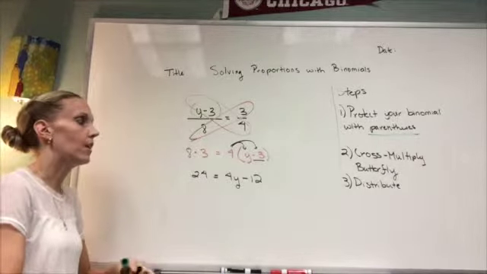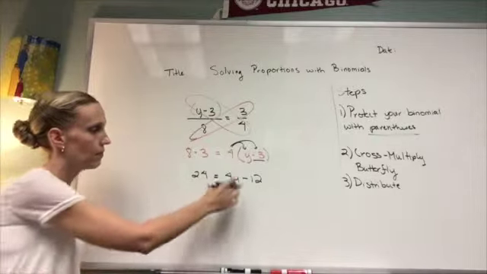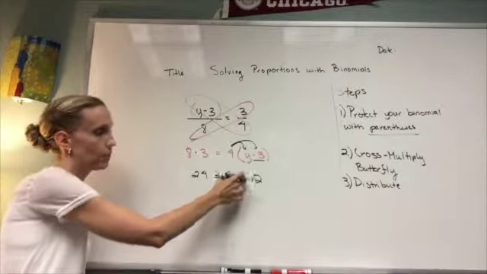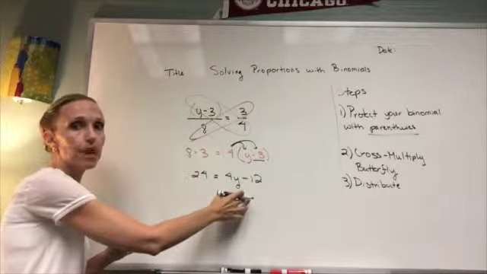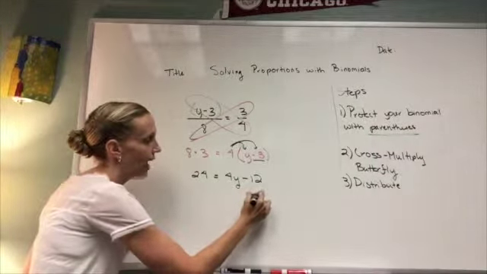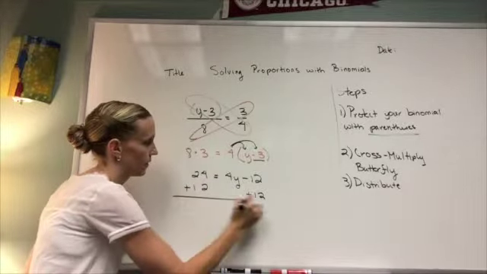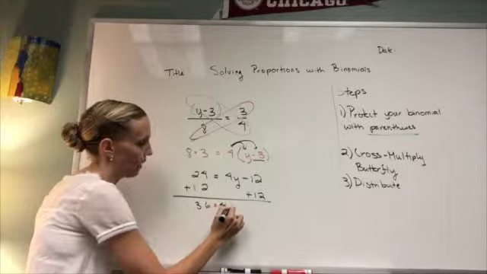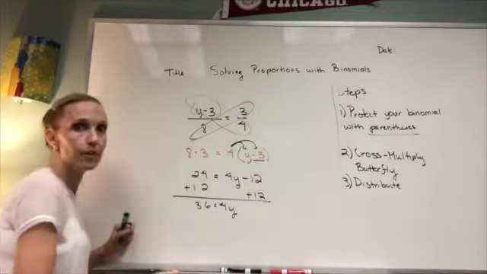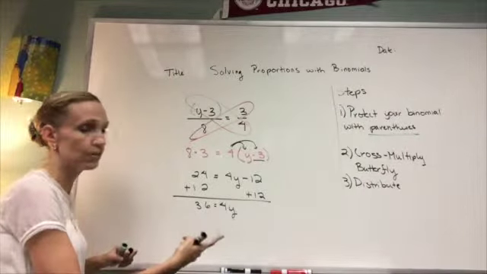Now remember, we want to get all our numbers on one side and our variables on the other. My variable is on the right, so it's already by itself. So I'm going to add 12 to both sides. That gives me 36 equals 4y. How do I get rid of that 4? What's bothering the y is the 4.